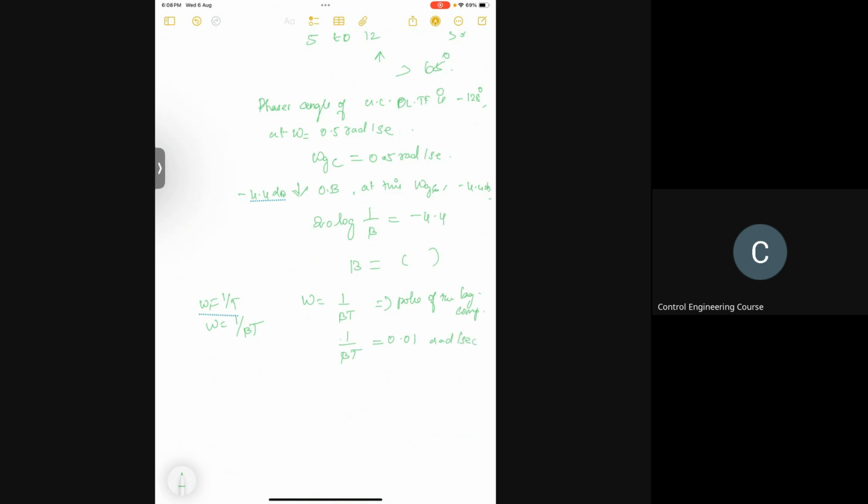We are just assuming it to be 0.01, and if it is not compensated, we will again tune these values.